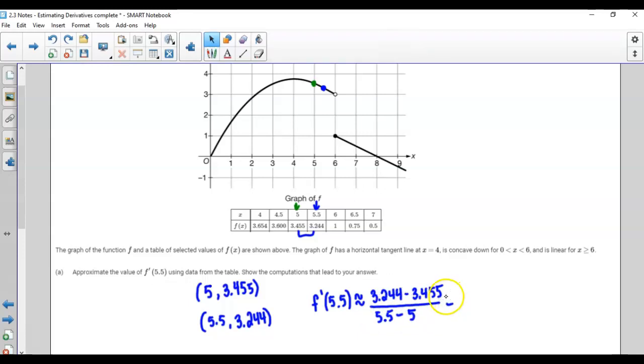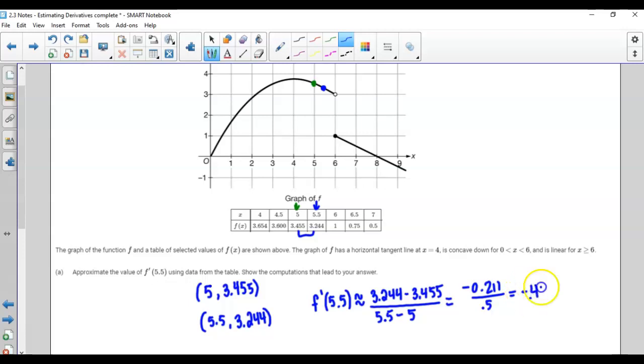When we do that, 3.244 minus 3.455 is going to give us negative 0.211 over 0.5, and that is going to give us negative 0.422.